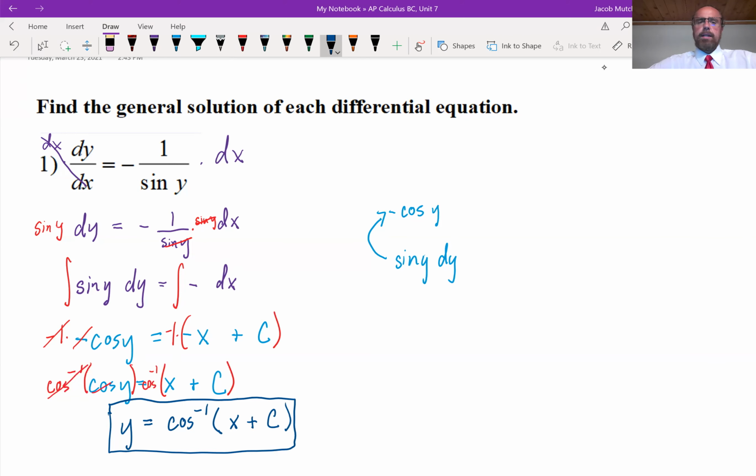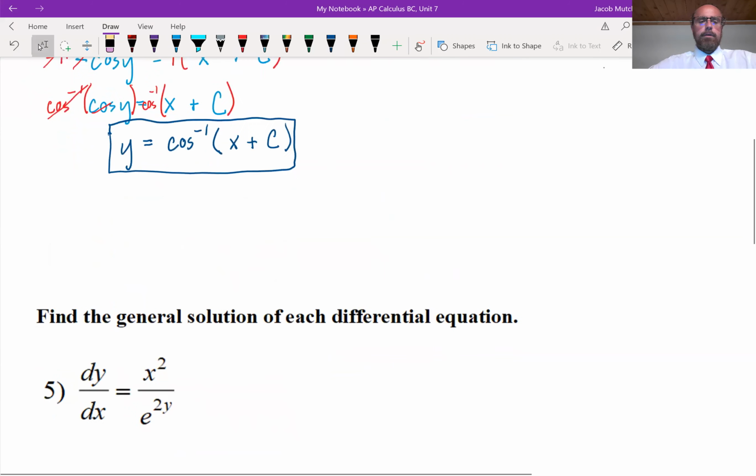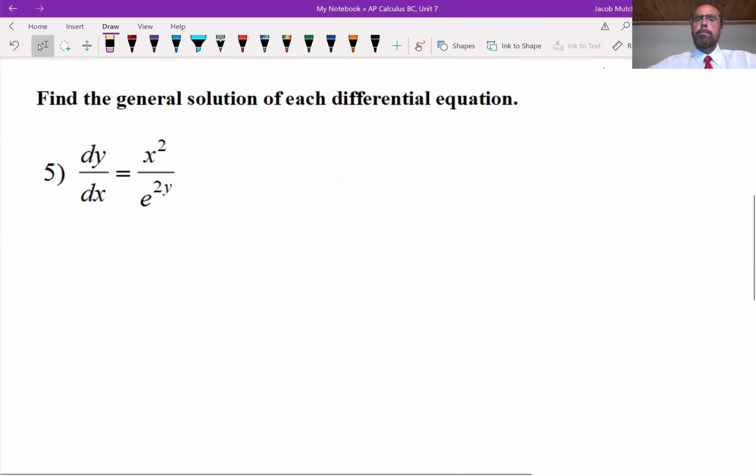Let's take a look at a second example that involves more parts. This is dy over dx equals x squared divided by e to the power of 2y. Initially, I want to do the same thing as in my first example. I want to separate my variables. Again, I'll put everything that involves y on the left side, everything that involves x on the right side.